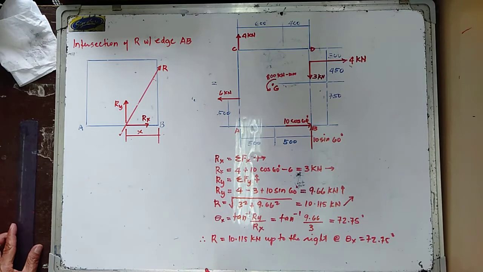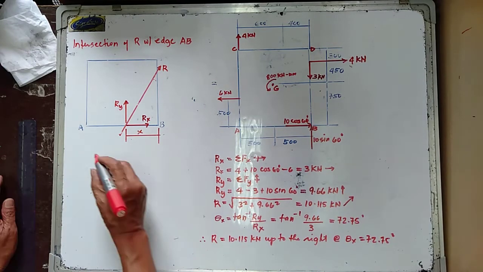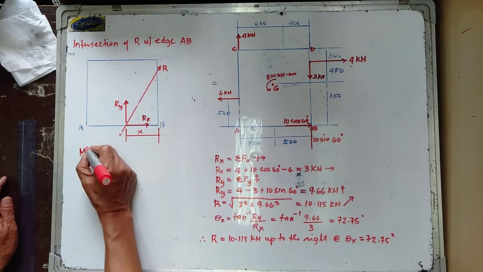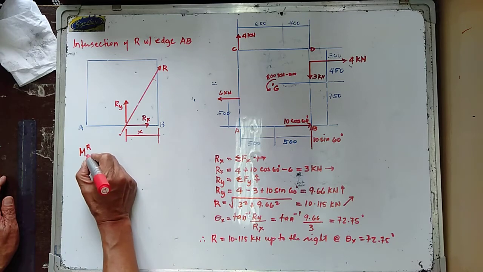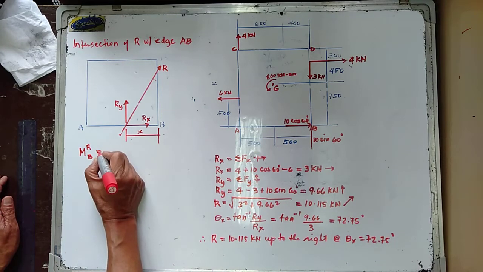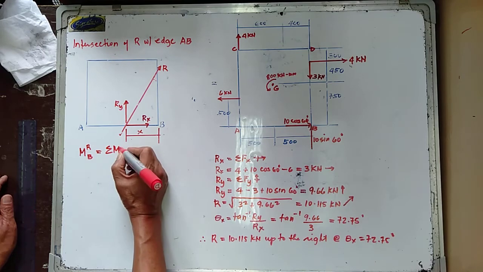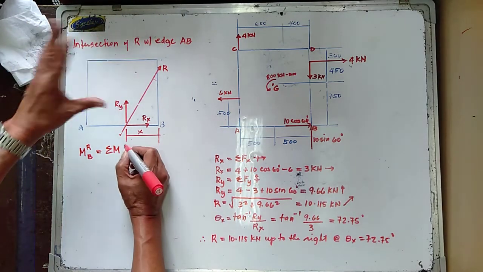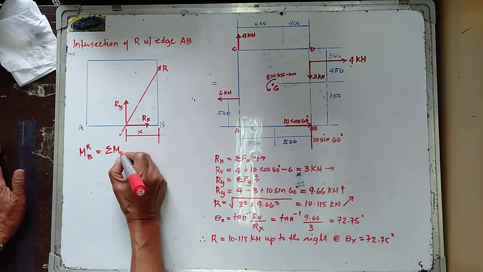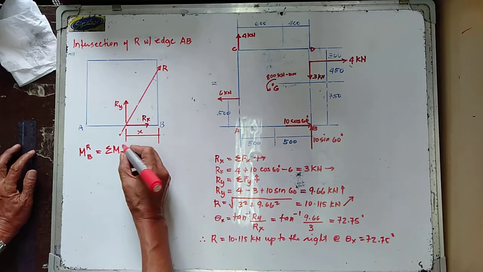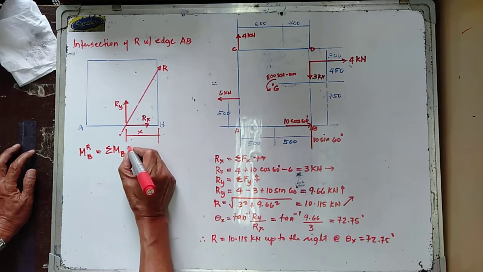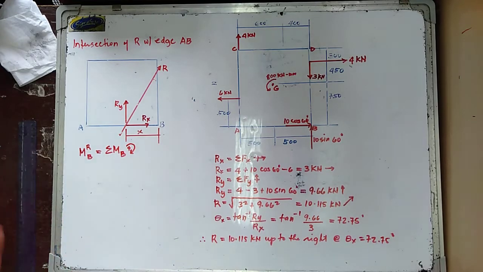If you get the moment of the resultant about point B, it is equal to the summation of moments of all the forces acting on the plate about the same point B. I will consider clockwise moment as positive.